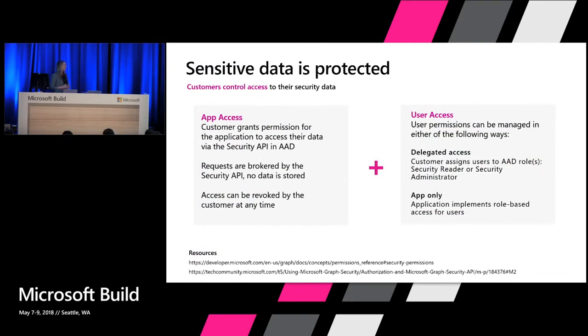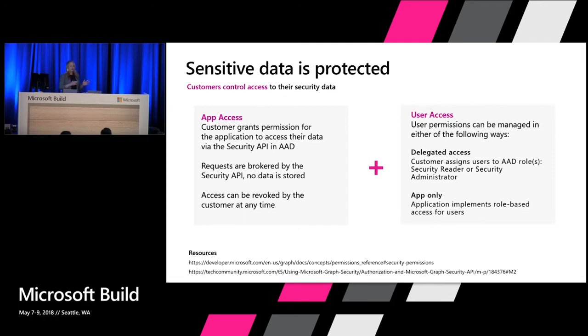Now, in the world of security, protecting sensitive data is very critical, and we know that there's some particularly sensitive information that may be accessed through the security API. And so to ensure that that sensitive data is protected, customers control who can have access via AAD. So the customer grants explicit permission for an application to access their data.